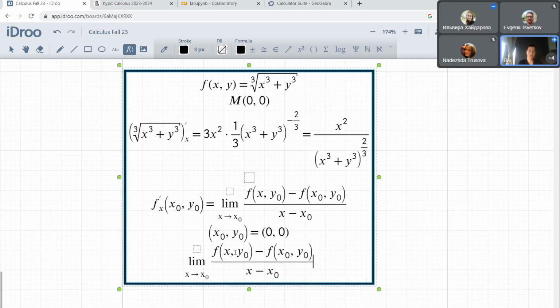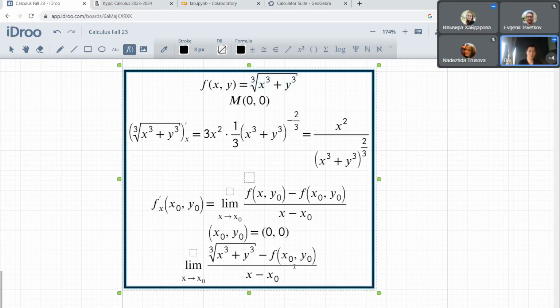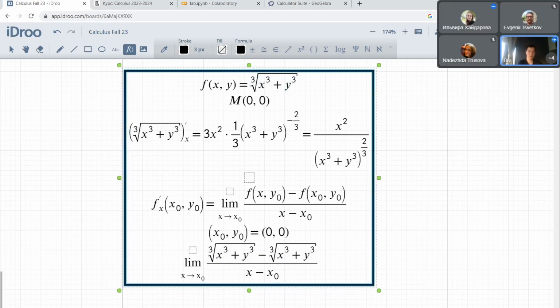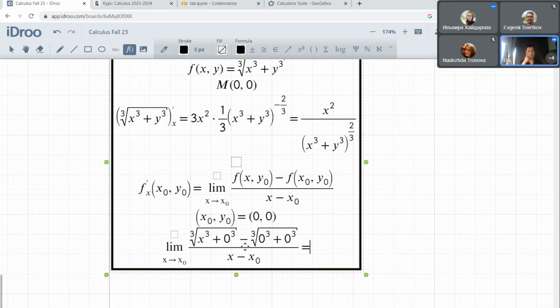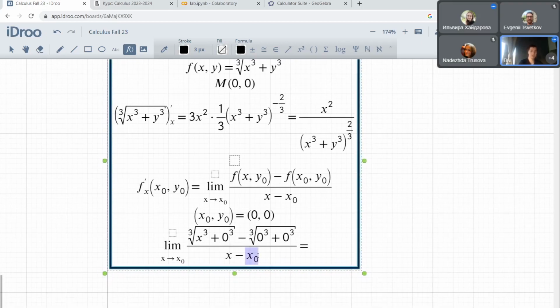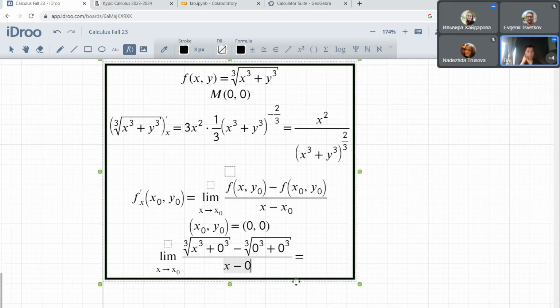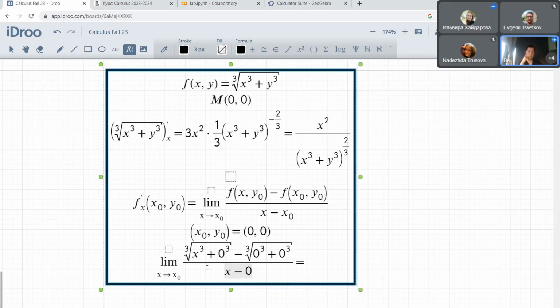We need to use 0 for y and 0 for x0. So formally we get the following limit, just using the definition of partial derivative at the point 0, 0.